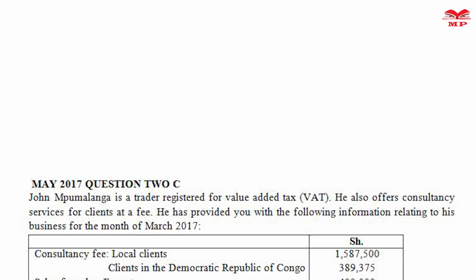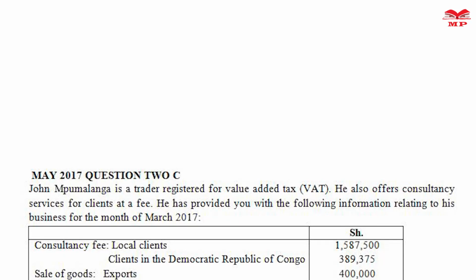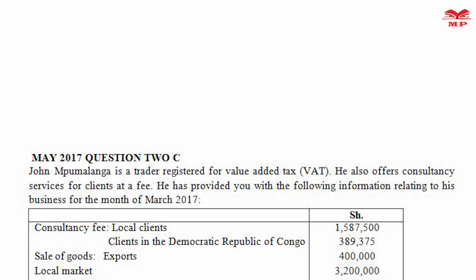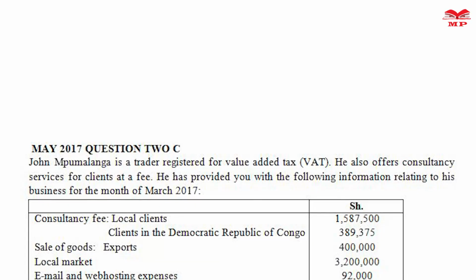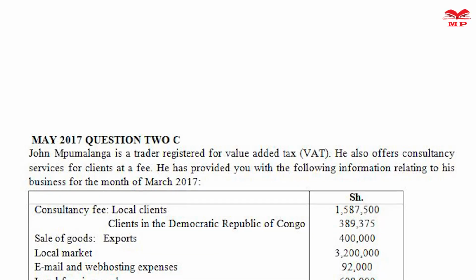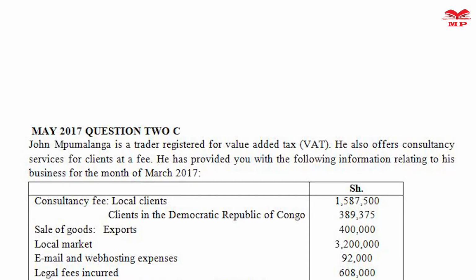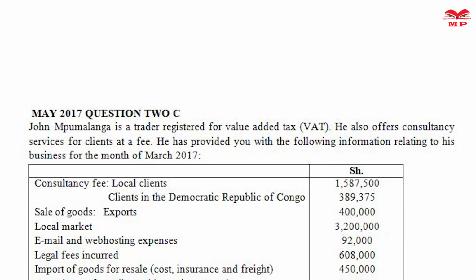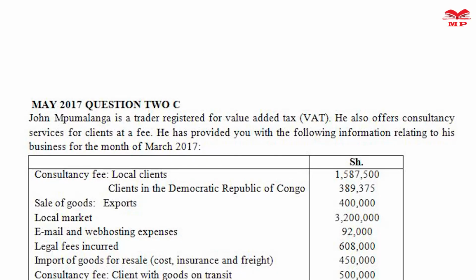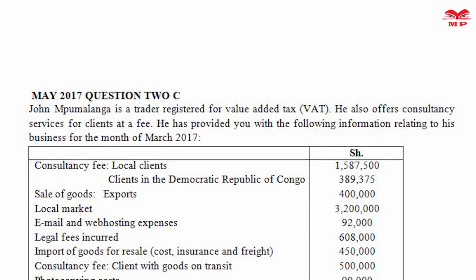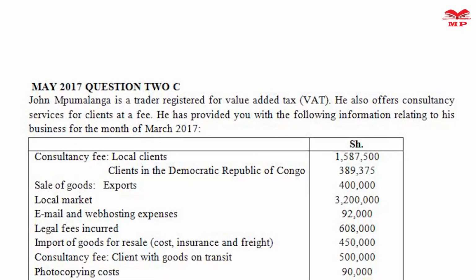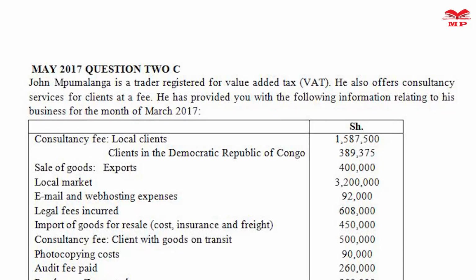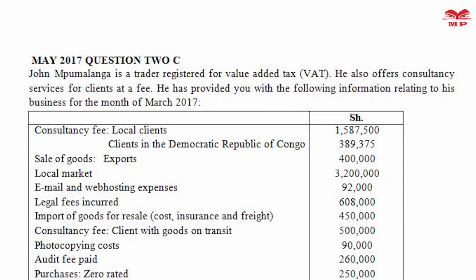Consultancy for local clients, 1,587,500 shillings. For clients in the Democratic Republic of Congo, 389,375,000. Sale of goods, exports, 400,000. Local market, 3.2 million. Email and web hosting expenses, he paid 92,000. Legal fee incurred, he paid 608,000.